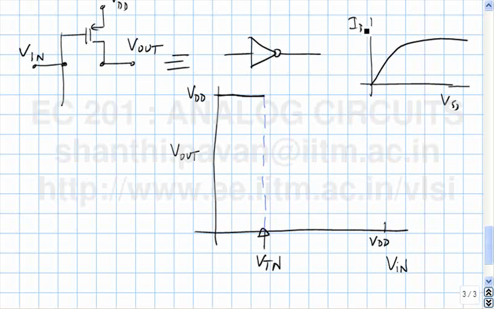The only place where ID is 0 is when VSD is 0. VS is VDD. VSD equal to 0 means that the drain must also be equal to VDD. Does it make sense?